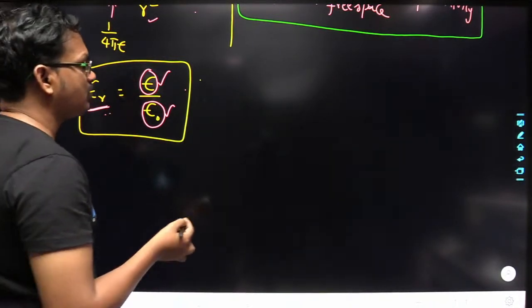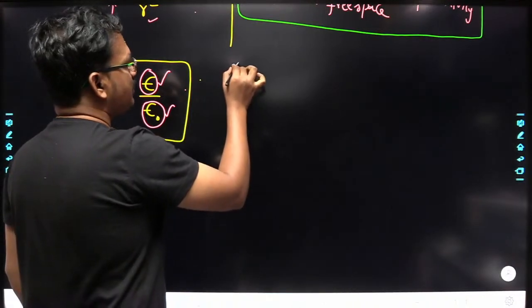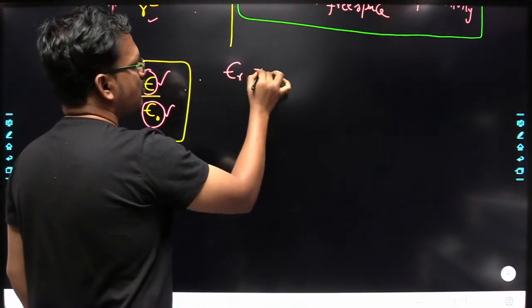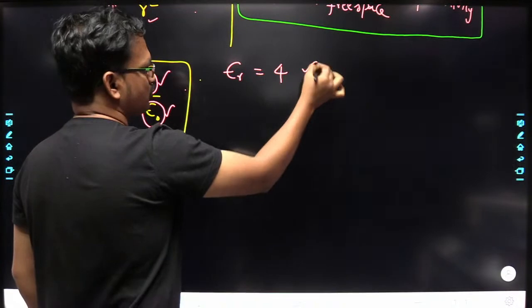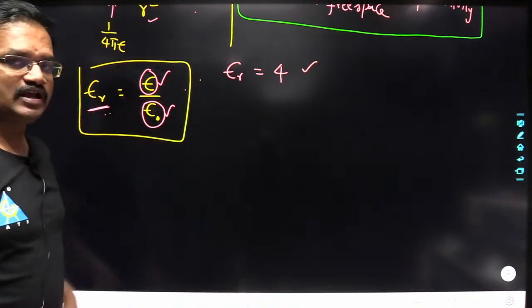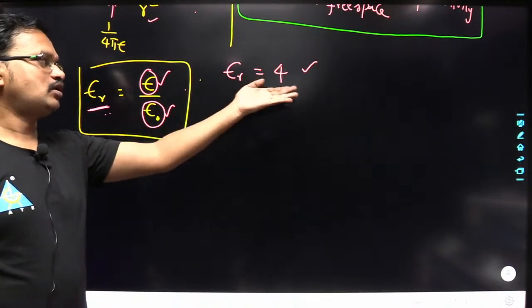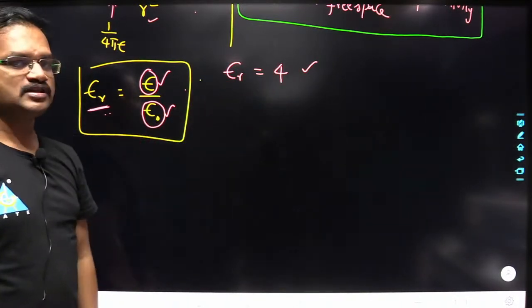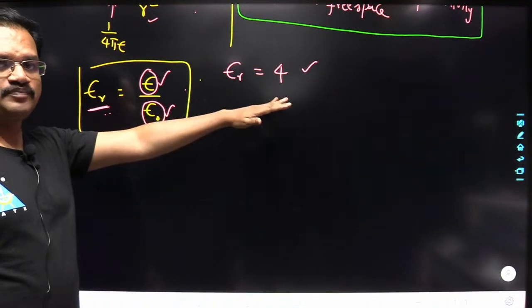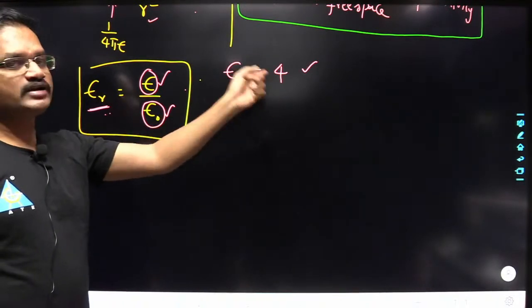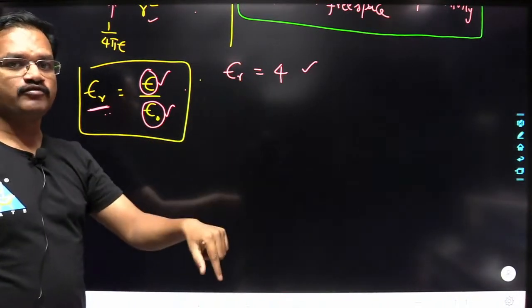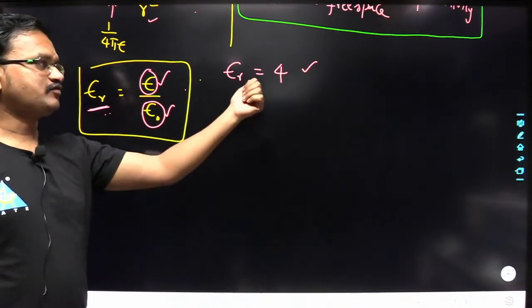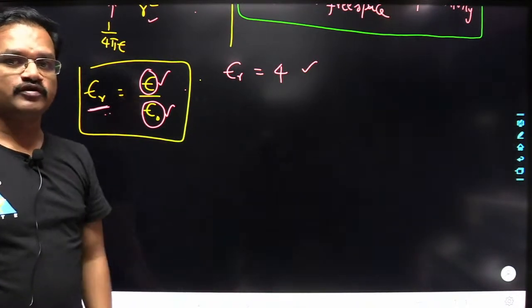For example, let us say the relative permittivity of some medium, epsilon r, is equal to 4. What do you mean by this? For this medium, the permittivity is 4 times that of free space.